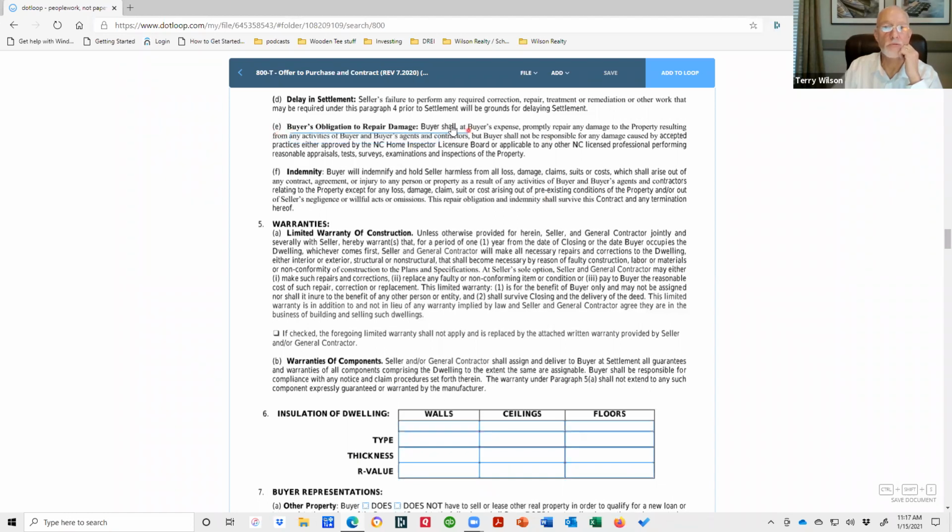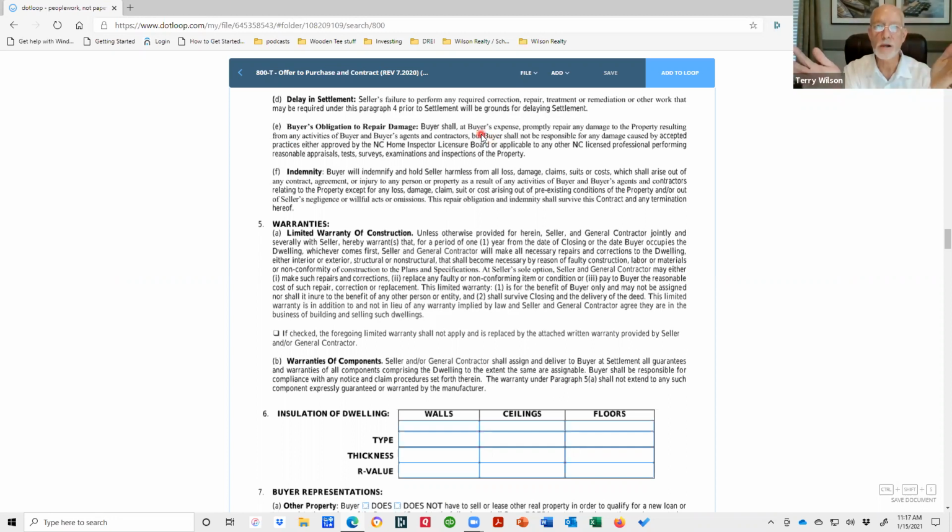Buyers, again, this is true of all our contracts. If the buyer damages the property or the buyer's contractor damages the property, maybe the inspector damaged the property when doing their inspection, then the buyer will pay to have the property repaired. And then the buyer has to go back after the contractor that they hired. That's an important one. Let me point this out again.